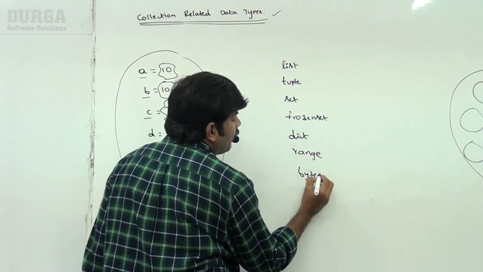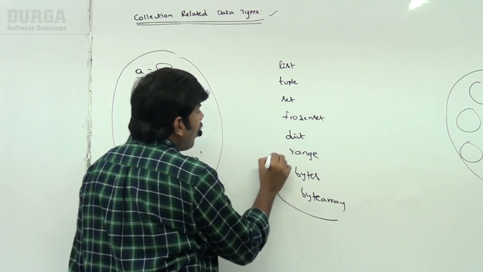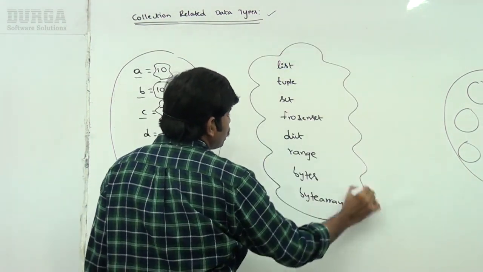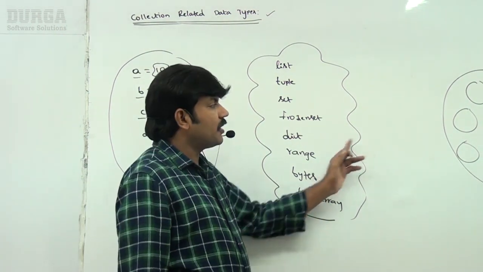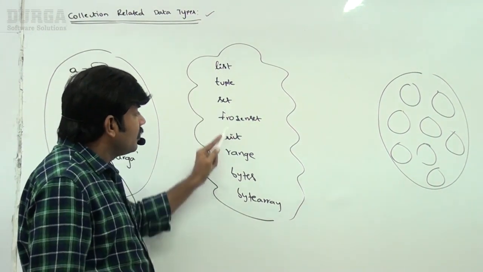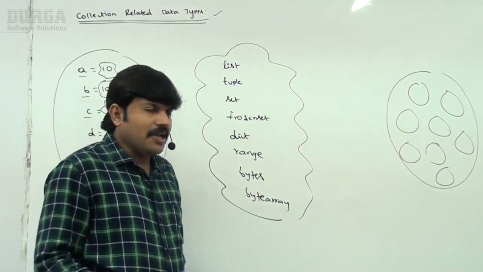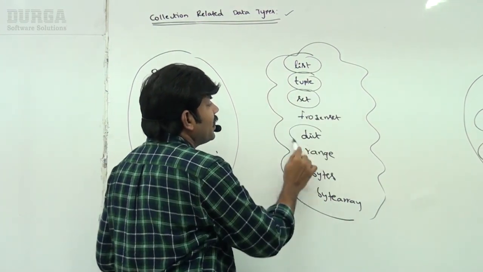Next, bytes and bytearray. All these data types can be used to represent a group of values. Remember this: to represent a group of values as a single entity, we require to go for these data types, right?